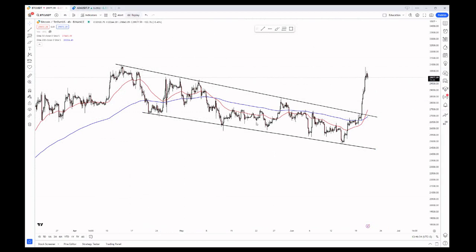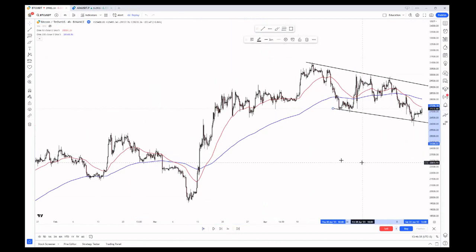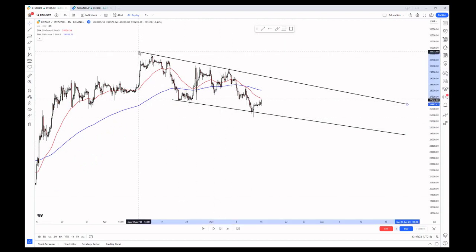But if I replay it to here, so let's say you were looking at this chart, you'd see a trend line here, not as clean as you would want. 1, 2, 3 taps.